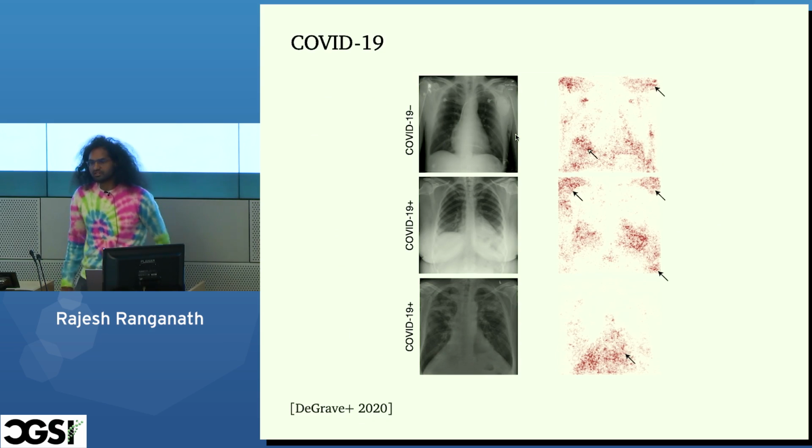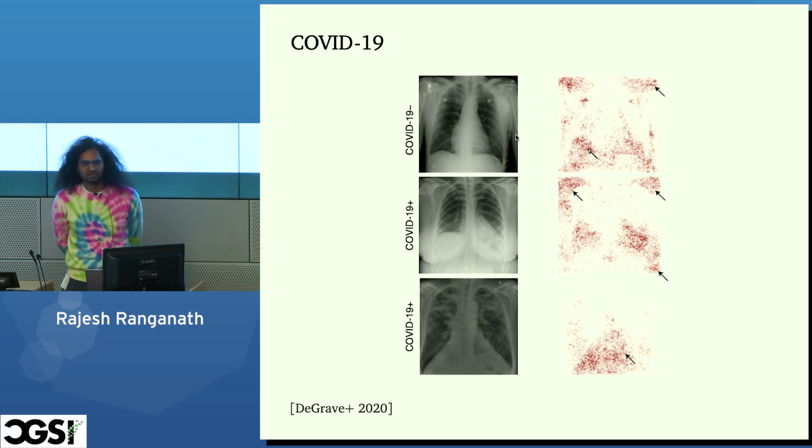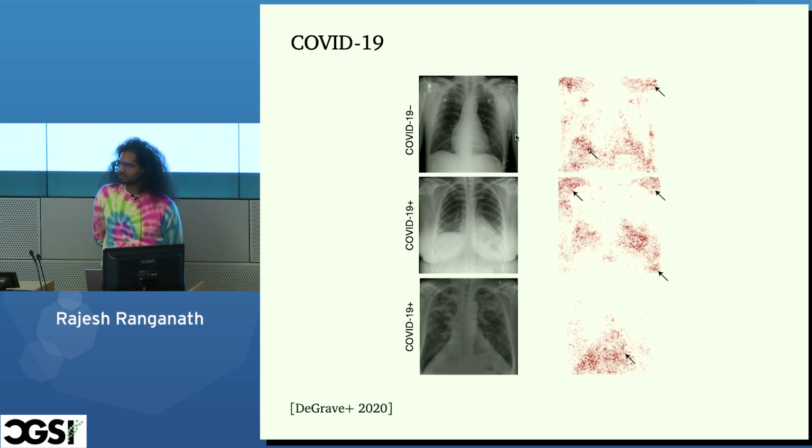And this actually occurred during COVID-19 as well. It's hard to imagine, but relatively early in the pandemic, testing was not widely available. And so people had the idea that maybe we can look at somebody's chest X-ray and determine whether they have COVID-19 or something else.